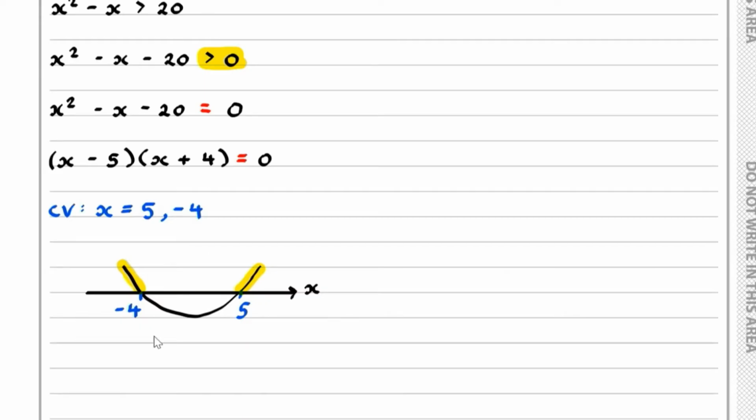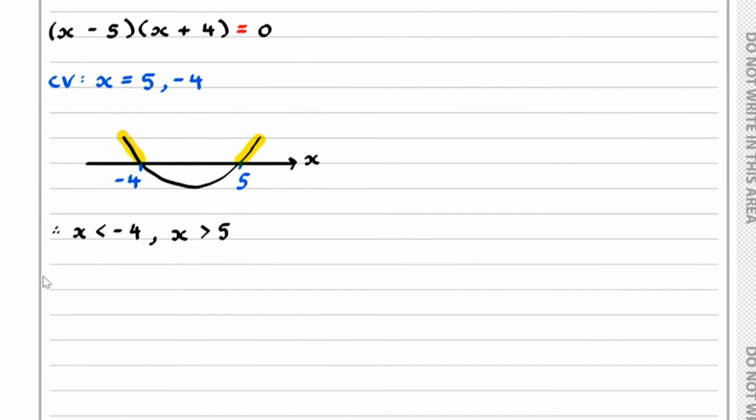So when we come to state the solutions to this inequality, we have x less than minus 4, or we have x greater than 5.